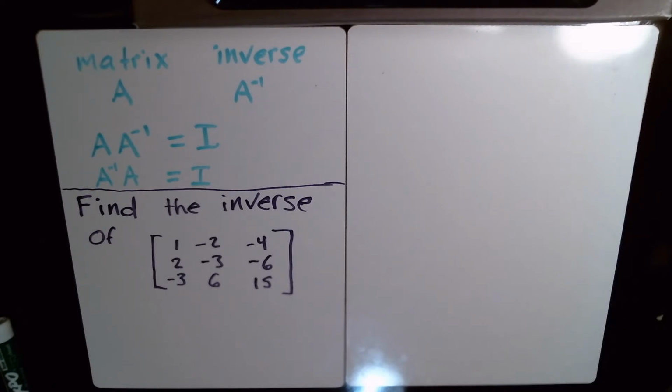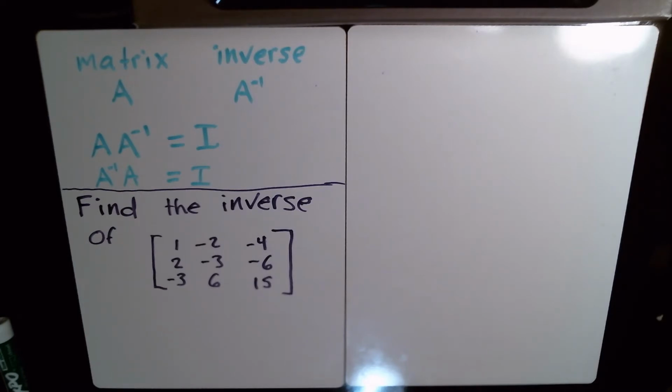Okay, well, essentially what we want to have happen is, when we multiply this matrix by the inverse, we want to get the identity matrix, okay? And I know the process that I'm going to teach you is maybe a little weird. You may not see why it is that it works, but it does actually give you the inverse when you do this, okay?